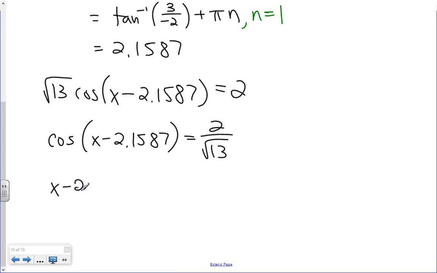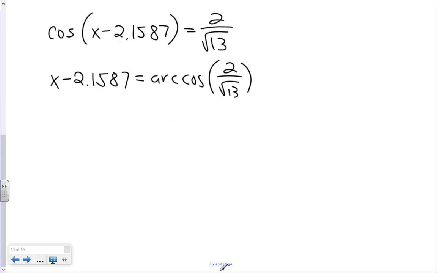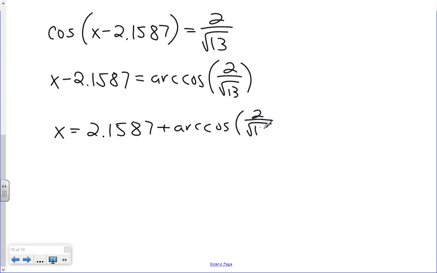So it's x minus 2.1587 is equal to the arc cosine of 2 over root 13. And finally, get rid of your 2.1587, add that to the other side. So x is equal to 2.1587 plus this arc cosine of 2 over root 13.